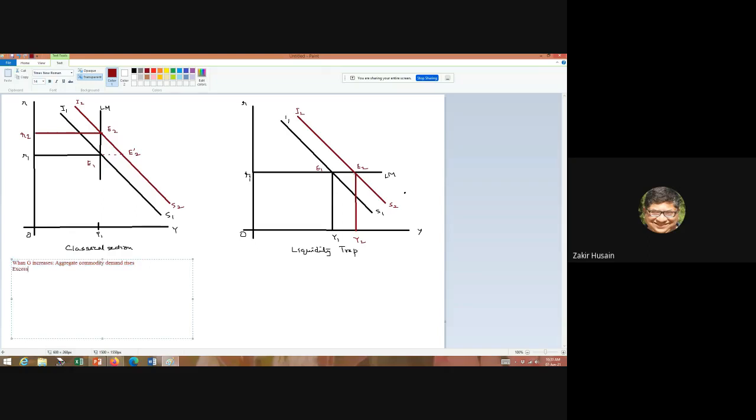So you have excess demand in the commodity market, and supply, which is basically Y, rises from Y1 to Y prime 2.